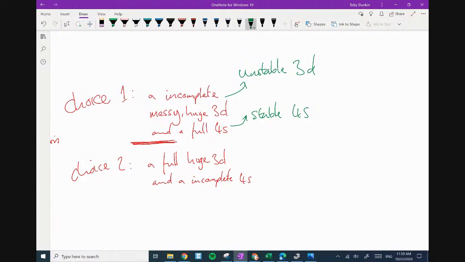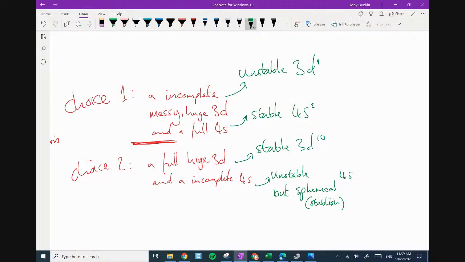So an unstable 3D9 and a stable 4s2, or a stable 3D10 and an unstable but spherical 4s, which lends itself to stability energy anyway, stable-ish, 4s1.